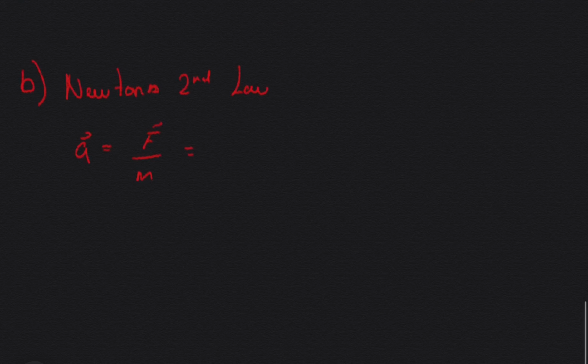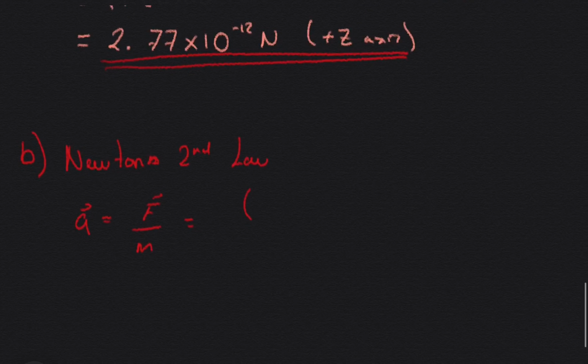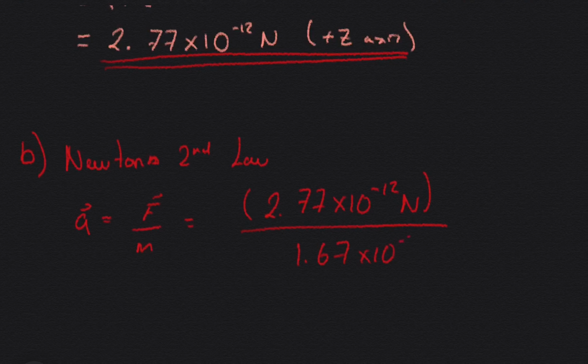So here we have the force, which is the value we just solved, 2.77 times 10 to the negative 12 newtons, divided by 1.67 times 10 to the negative 27 kilograms. Okay. So here we have an acceleration to be 1.66 times 10 to the 15 meters per second squared.